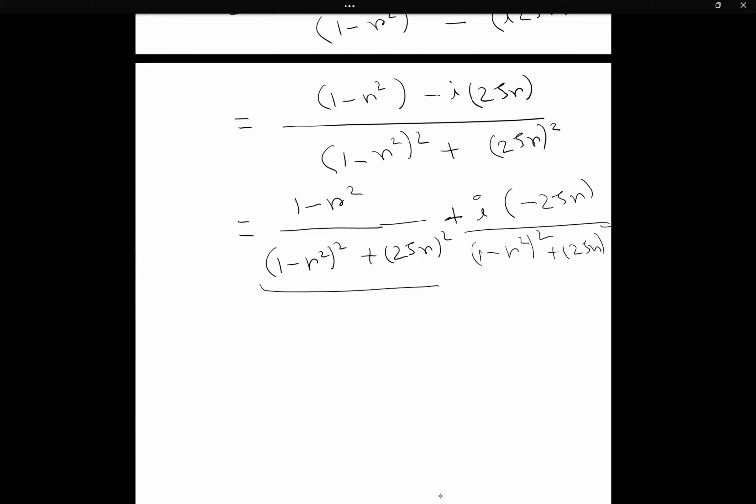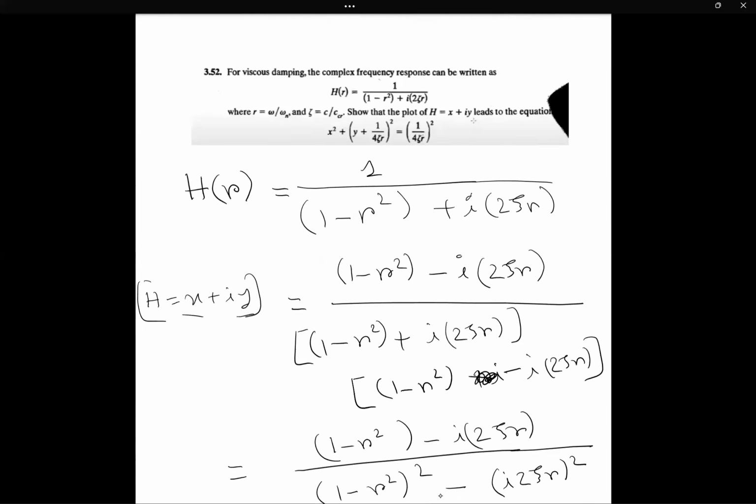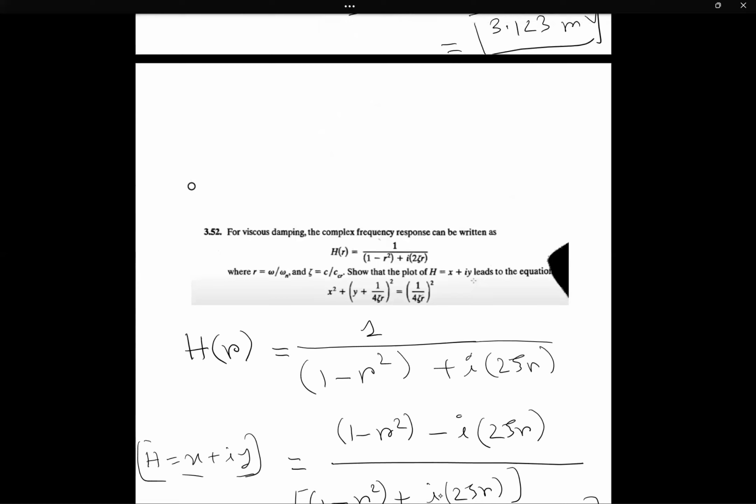So here this is our x and this is our y. Now we're just going to equate it with the equation given.